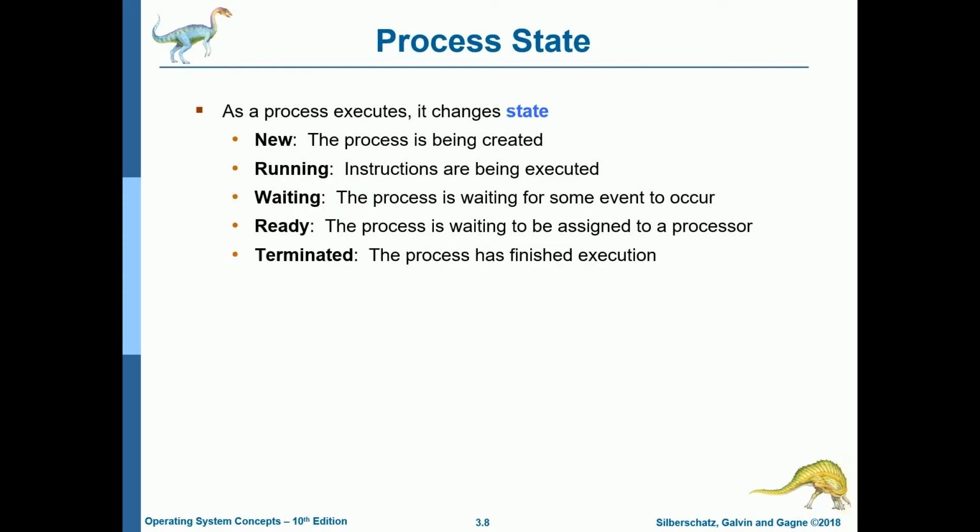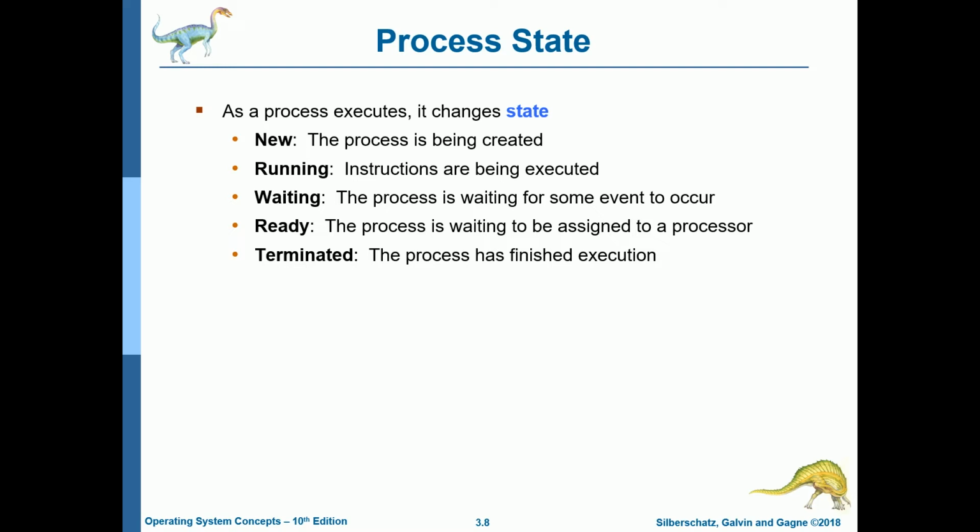As a process executes, it changes states. The state of a process is defined in part by the current activity of the process. Some of these states include new, the process is being created. Running, instructions are being executed.